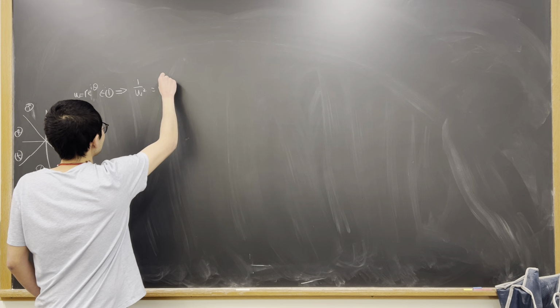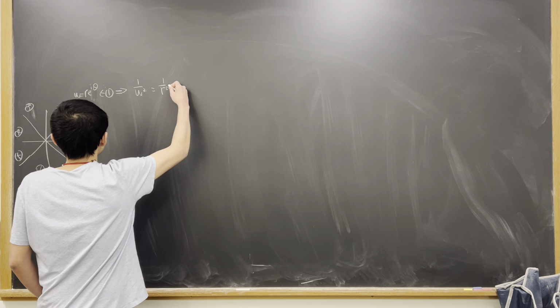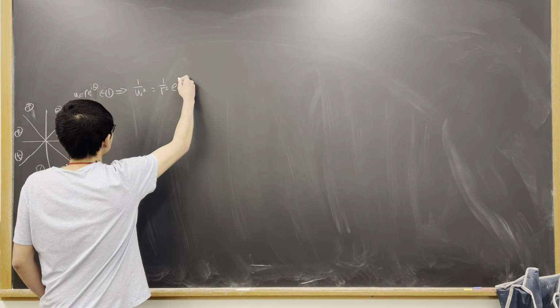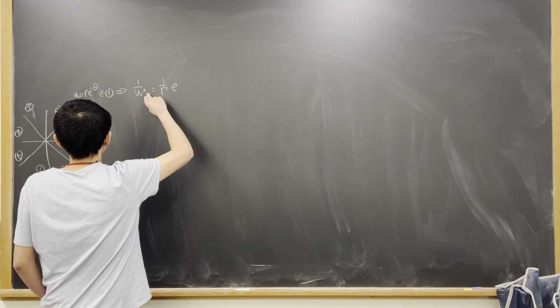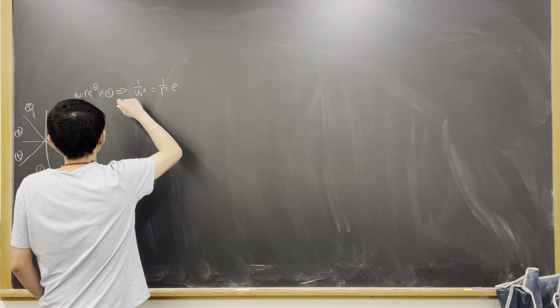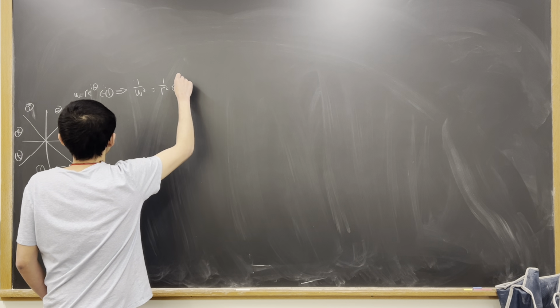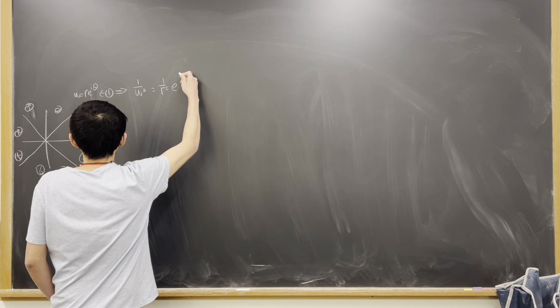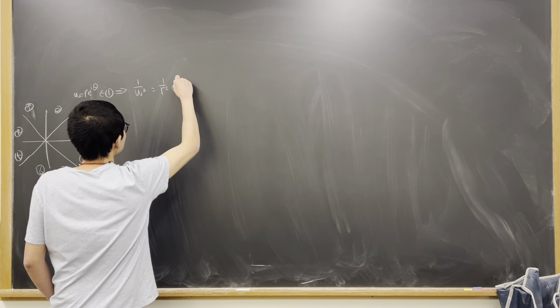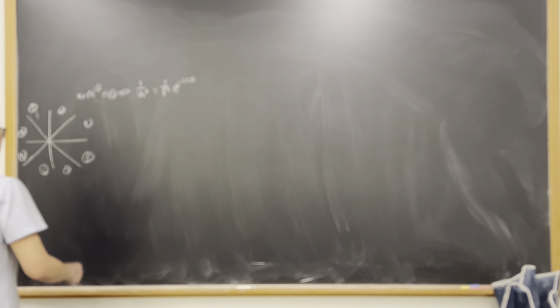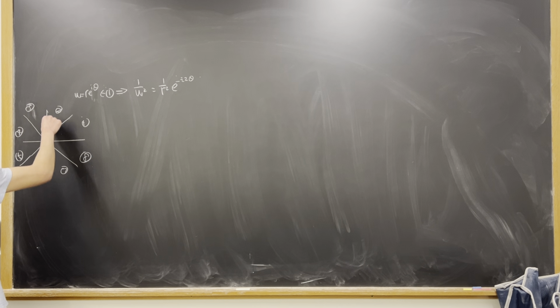Which is equal to first I get 1 over r squared, and then I get e to the, first I square it, it becomes e to the 2i theta, and then I take the inverse, which is e to the negative 2i theta. So if I take theta and multiply it, it lies in the fourth quadrant.